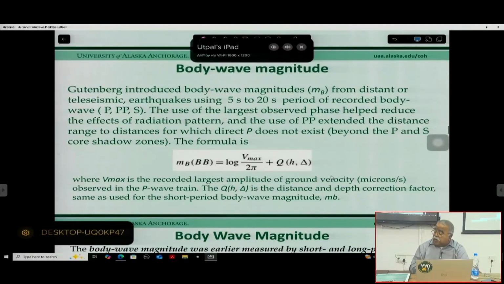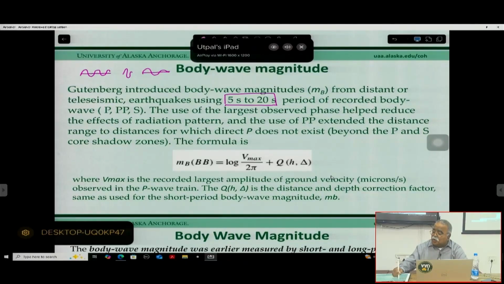So body wave magnitude is basically MB, right? This MB is measured at a distance on a teleseismic earthquake, and we are using waves with periods of basically 5 seconds to 20 seconds. So it will be 5 seconds like this, up to 20 seconds like this.